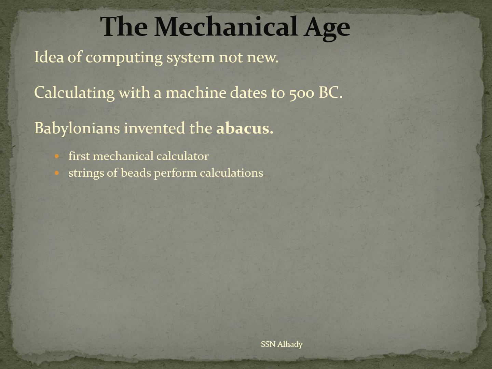Abacus, I think until now, even kindergarten schools are using the abacus in order to understand mathematics. You can use it to calculate. It is the first mechanical calculator, where a string of beads performs the calculation.